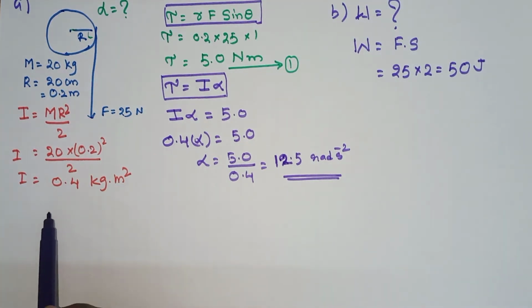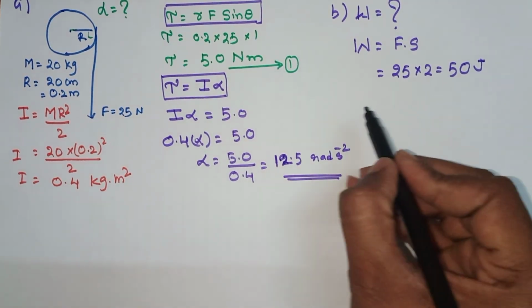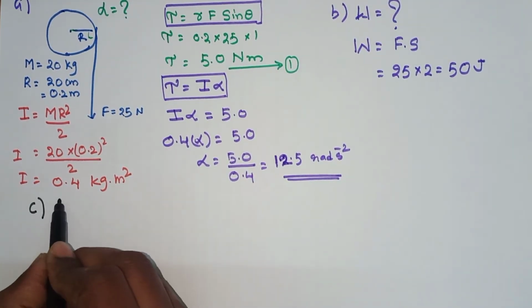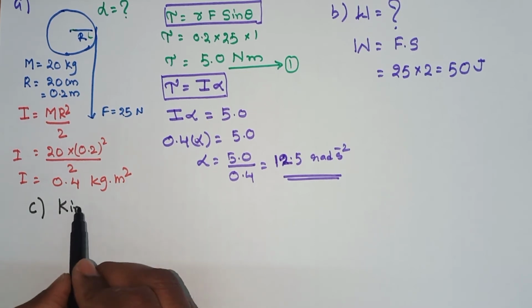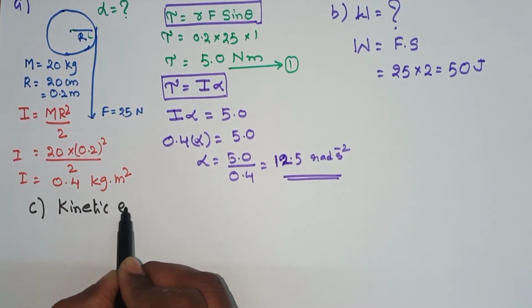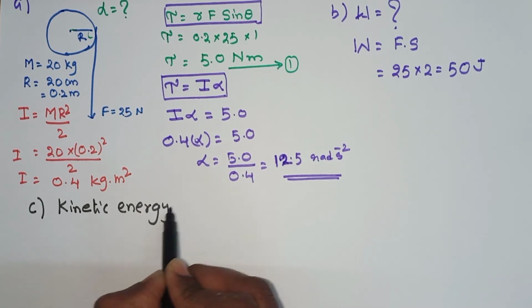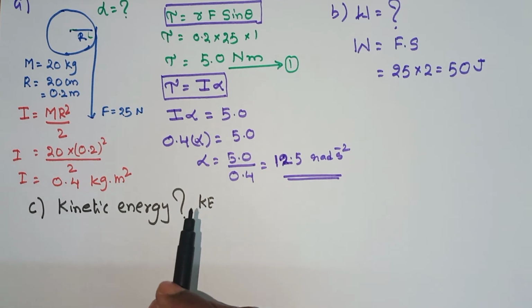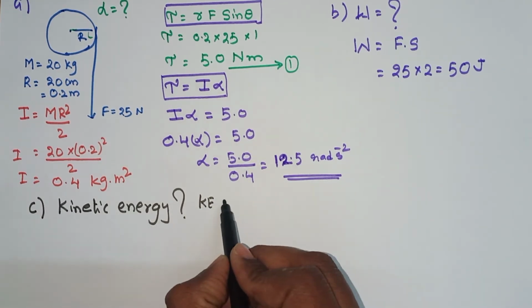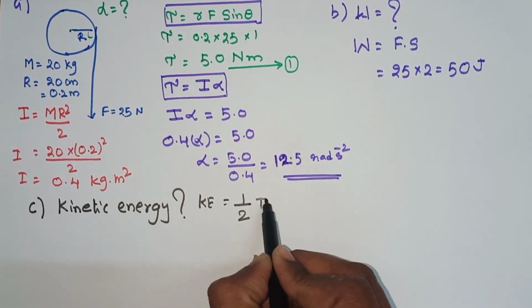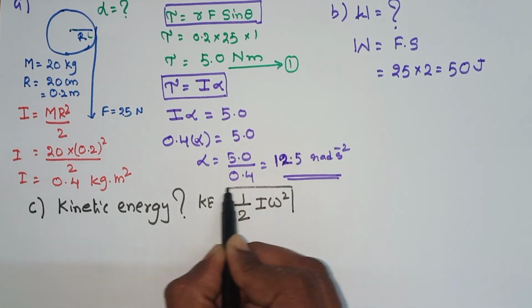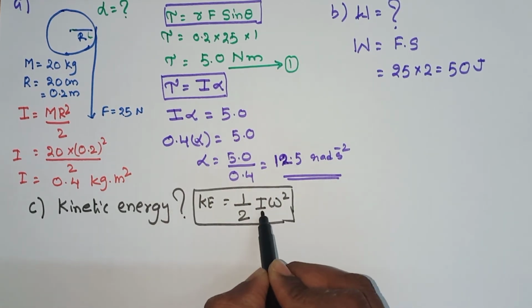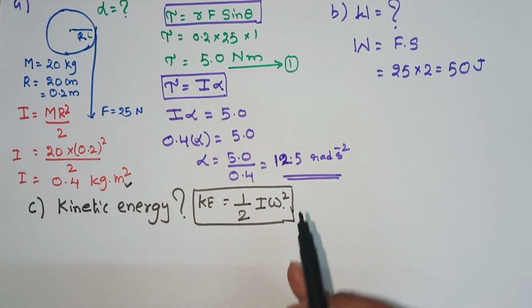Now see, what is kinetic energy? How to calculate kinetic energy? Kinetic energy means half I omega square. I already calculated I. Omega is to be calculated.